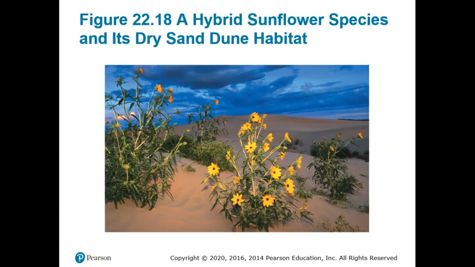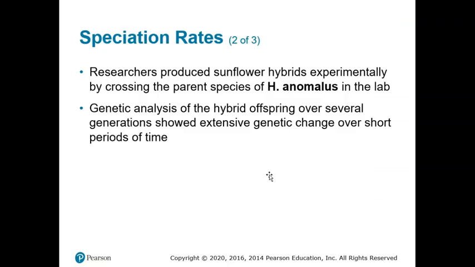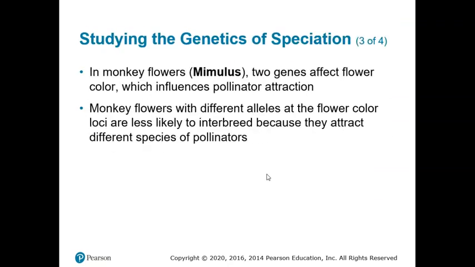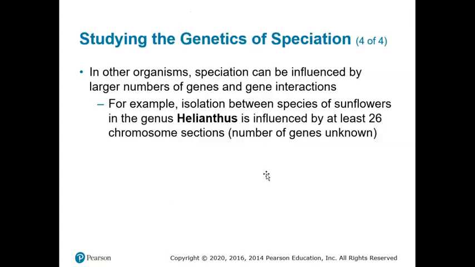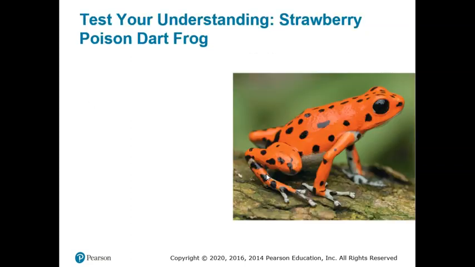And there's that sunflower. Kind of looks like similar plants that we got on our beaches a little bit. All the rest are just examples that I showed you, okay? How fast does speciation occur and all of that.